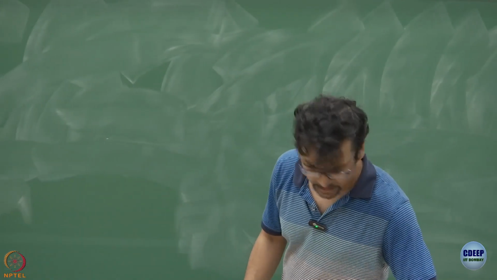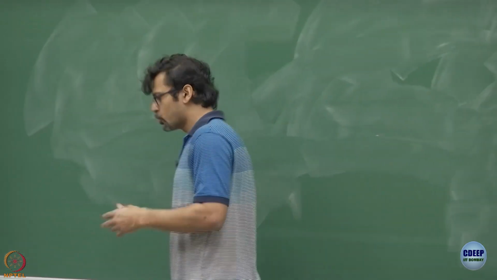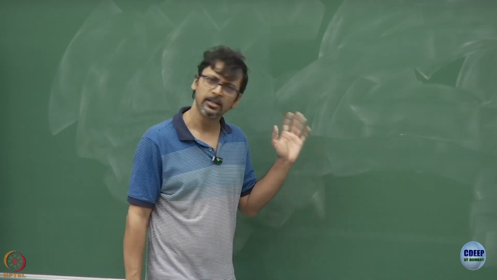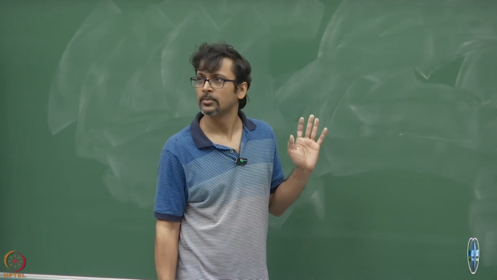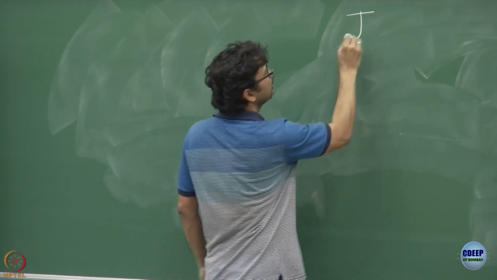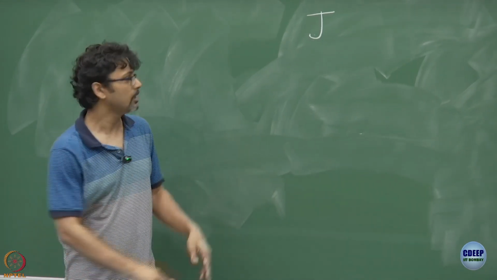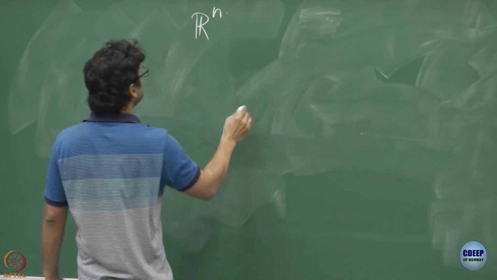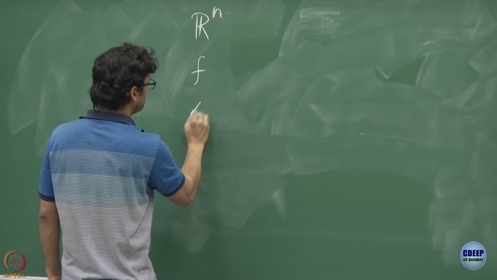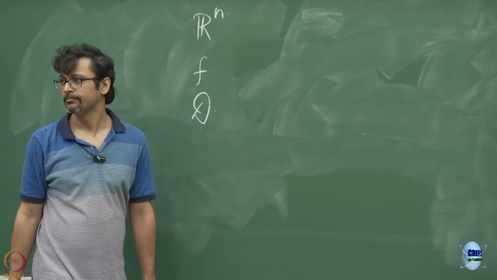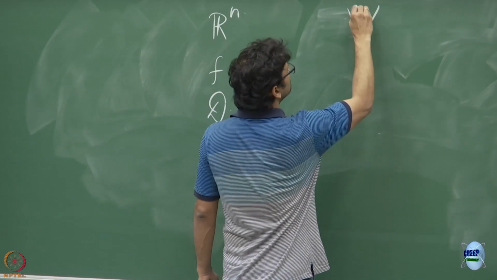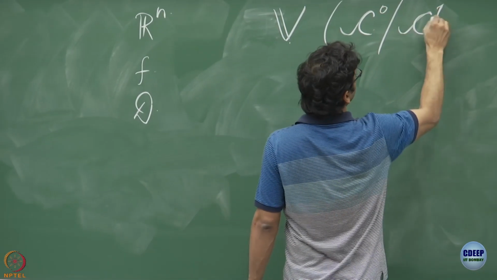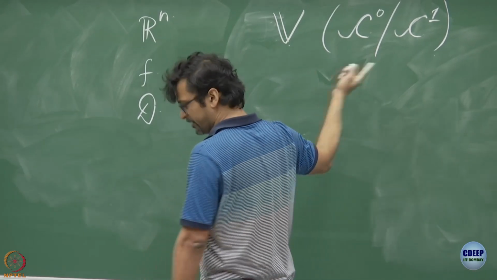So let us agree that in order to draw analogies from the finite dimensional optimization problems that we have seen so far, here is what we are going to try and do next. The J comes in place of the F. Earlier we had R^n, and we had F, and we had the domain which was D. Now we have these function spaces, which could be C0 or C1, of course over the real field.